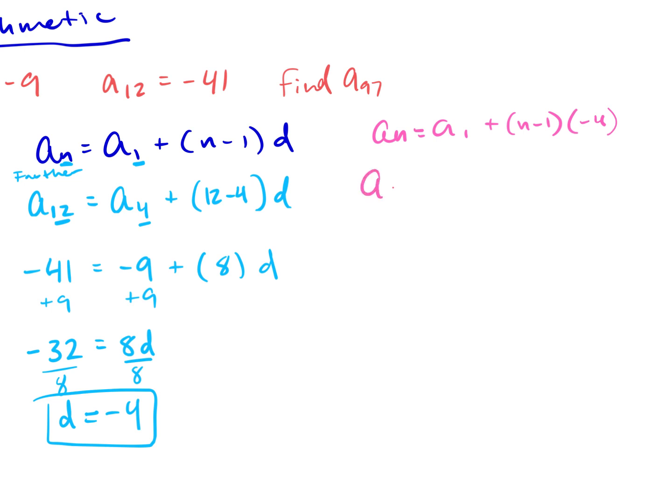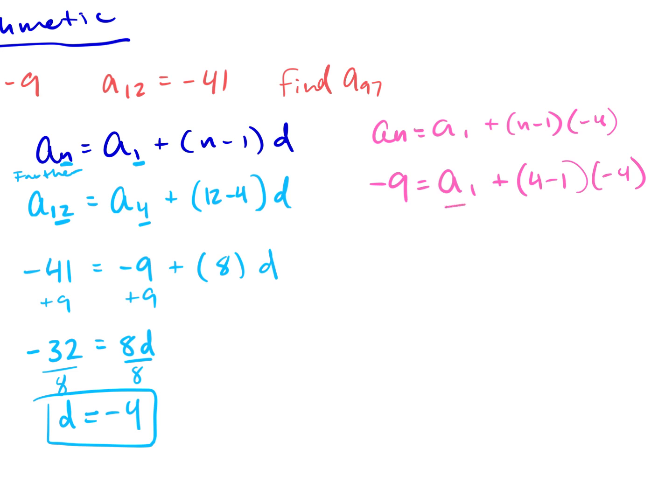So I could say a sub 4 is equal to a sub 1 plus, what would go into the parentheses now? 4 minus 1, awesome, times negative 4. And a sub 4 we know is negative 9. So I replaced a sub 4 with negative 9.